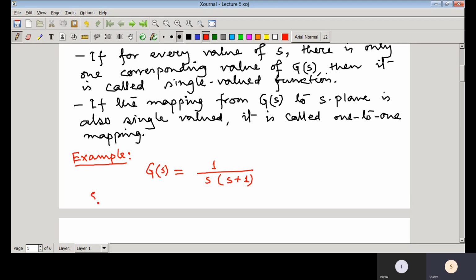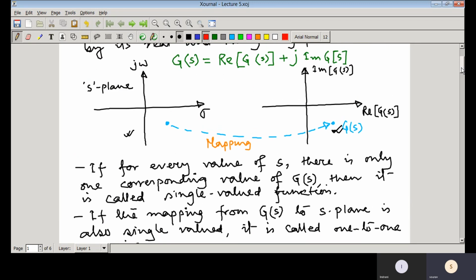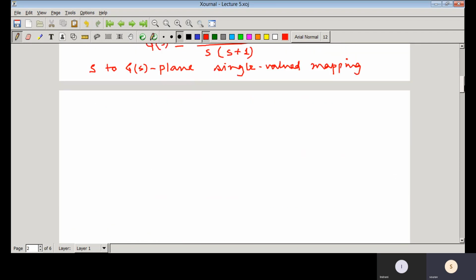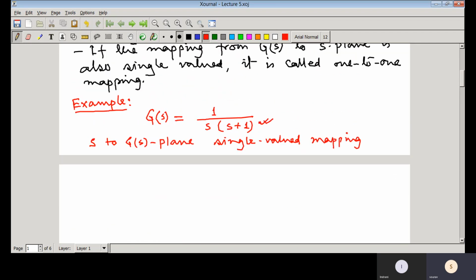In this case, it is a single valued mapping, because if you take any point in the s plane, any value of s, then you will get a single value of G(s). So it is a single valued mapping.